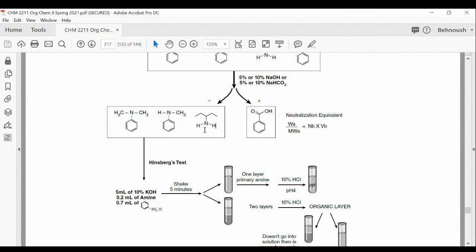We already know that this is a primary, that's a secondary, this is a secondary, and the last one is a tertiary. For primary, we use this one. For secondary, we use this one, and for tertiary, we use this one.